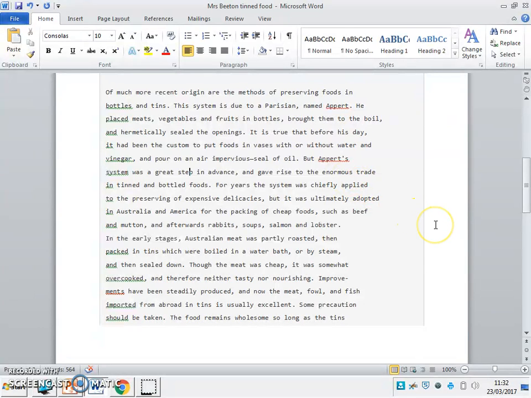For years, the system was chiefly applied to the preserving of expensive delicacies. That we find unusual because we associate it with things like baked beans and stuff, everyday foods. But when it was new, it was very exciting. But it was ultimately adopted in Australia and America for the packing of cheap foods, such as beef and mutton, and afterwards rabbit, soup, salmon and lobster. There's lots of lists in here. If I'm looking for my methods, there's lists and lists.